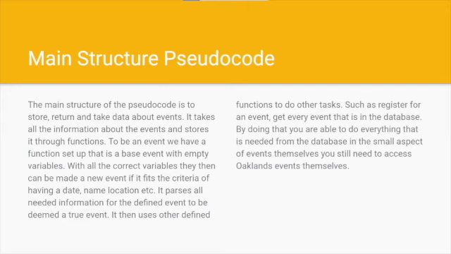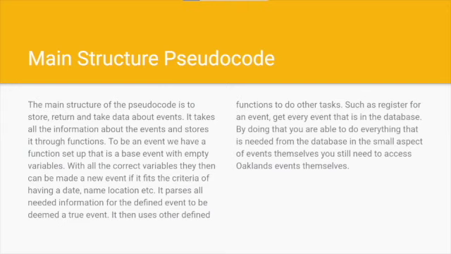It takes all the information about the events and stores it to functions. To be an event, it needs certain variables. And the code defines the structure of three tables: event, user, and attendee. The event table includes columns such as event ID, which is the primary key, name, date, time, location, and description.